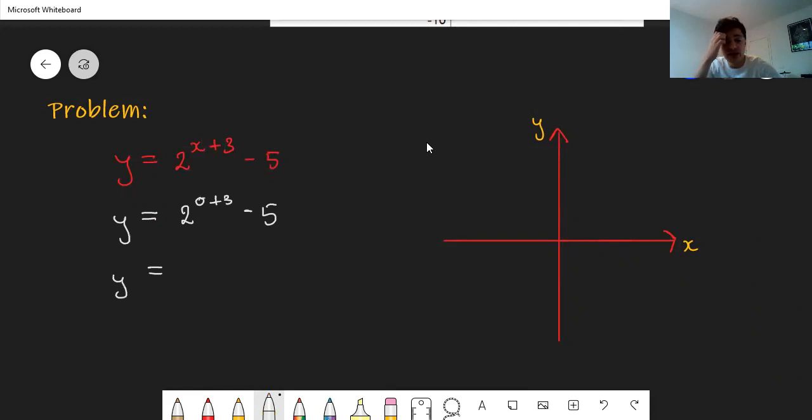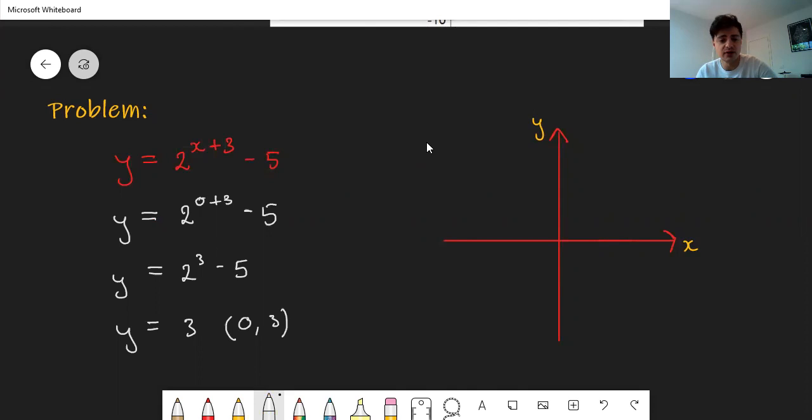So this becomes 2 to the power of 3, minus 5. And 2 to the power of 3 is 8. 8 minus 5 is 3. So that means our y-intercept is (0, 3), just like that.